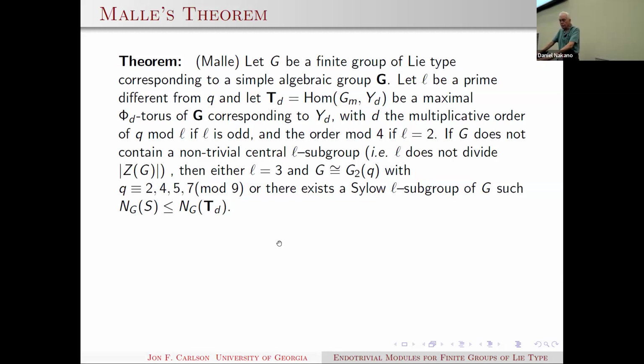It corresponds to the simple algebraic group G. We let L be a prime different from Q, and let T sub D be a maximal phi D torus. With D right here, D has to be the multiplicative order of Q mod L, or in fact, it has to divide the order polynomial, it has to divide phi D evaluated at Q.